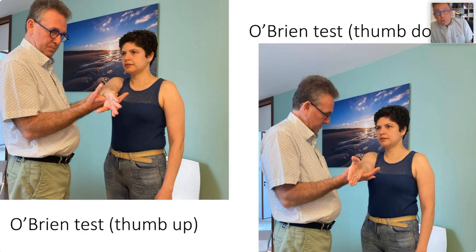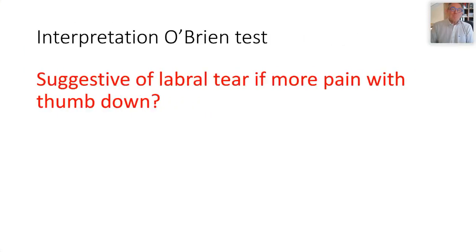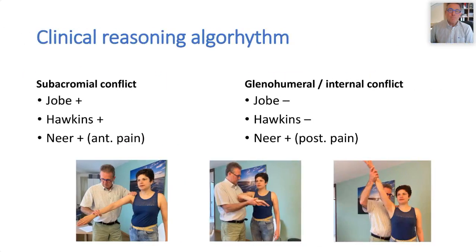Well, I went to my library and I took one of the books on manual therapy and I just counted the tests. But in other books, you find 47 tests. So everything is possible. Okay. If O'Brien's test is positive, then that could be suggestive for a labral tear. Also with a question mark behind it.